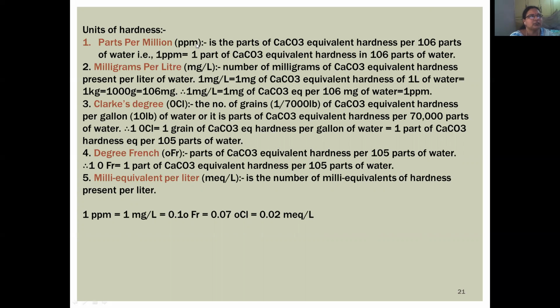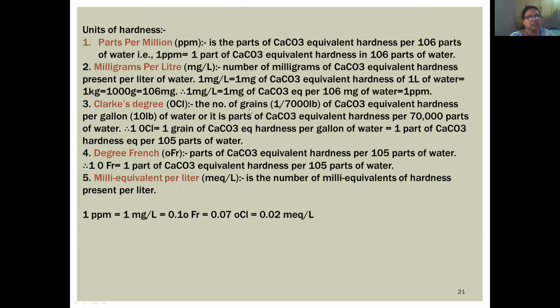And then coming to the units of hardness. The units are ppm, that is parts per million, nothing but the parts of calcium carbonate equivalent present per 10 power 6 parts of water. It's not 106, so it's wrongly written here. It's 10 power 6 parts of water. So 1 ppm is equal to 1 part of calcium carbonate equivalents in 10 power 6 parts of water. Then milligrams per liter: the number of milligrams of calcium carbonate equivalent hardness present per liter of water.